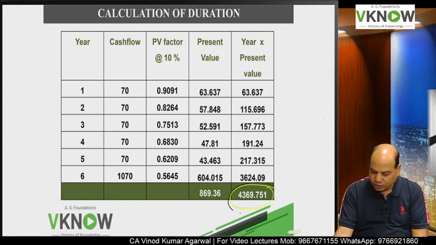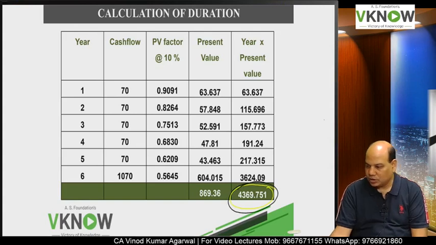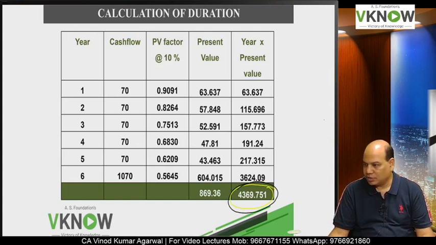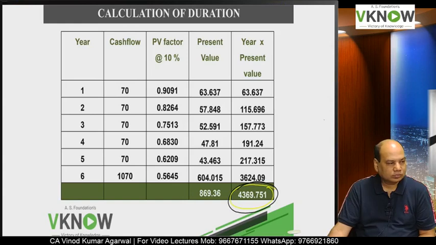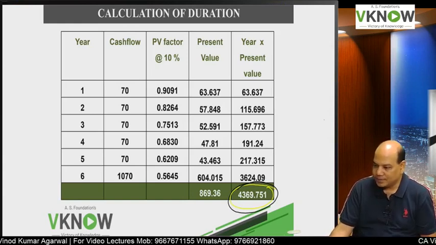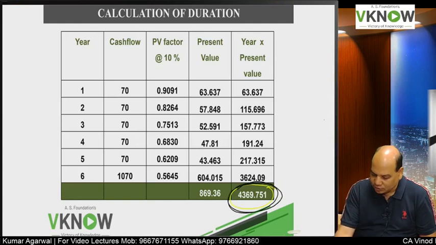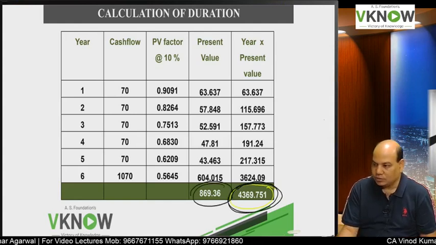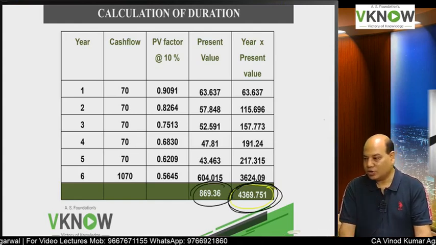If it is different, then tell me. 4369, is it same or different? 4369.751. Okay, so take this number, last column, divide by present value, and what is the duration?